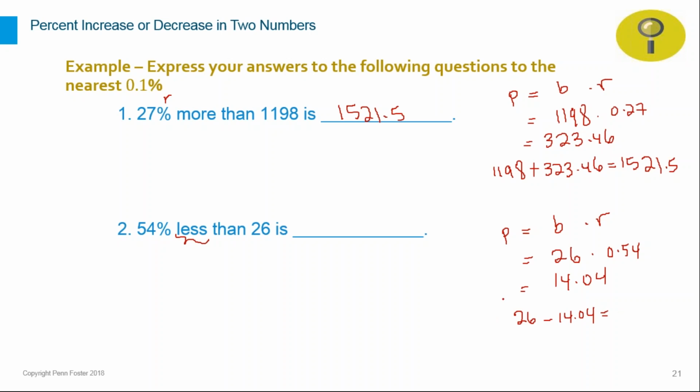I'm going to punch that on the calculator real fast. 26 minus 14.04, which is the decrease, equals 11.96. So let's read that. 54% less than 26 is 11.96.